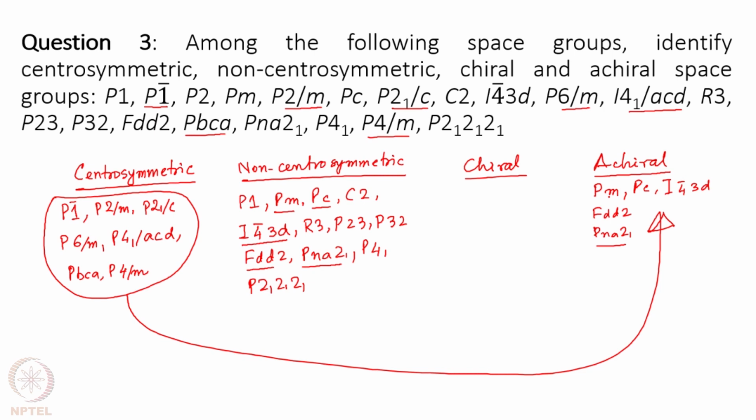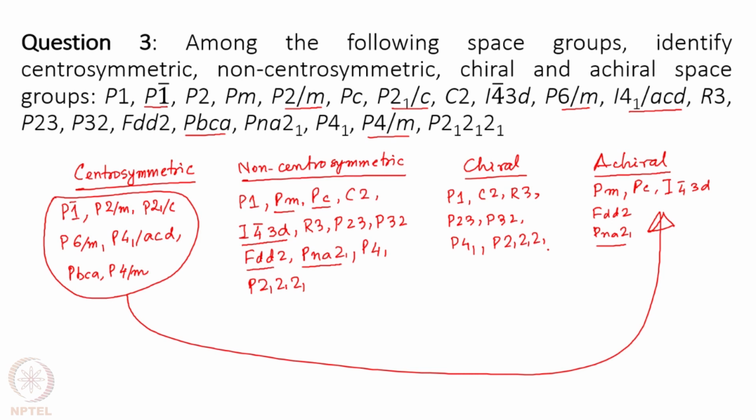The space groups which do not have any mirror plane in them, those space groups are called the chiral space groups. So the chiral space groups are here: P1, C2, R3, P23, P32, P41 and P2121.